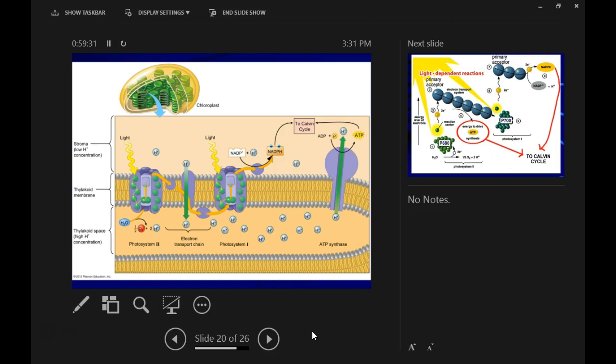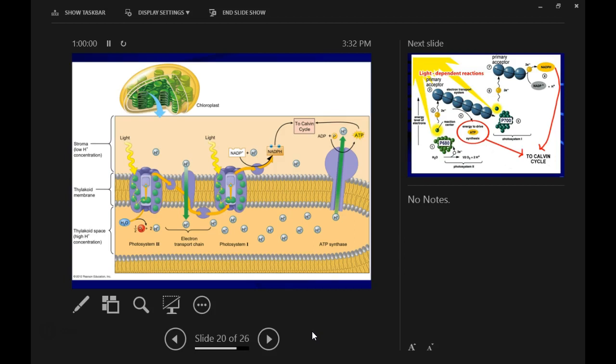Hydrogens can't get through the phospholipid bilayer because they're charged, but we have a channel protein here, and the hydrogens flow following their gradients, and we have a beautiful little ATP synthase that spins, and that flow of hydrogen ions generates ATP. And there's our ATP. So photosystem II generates ATP.